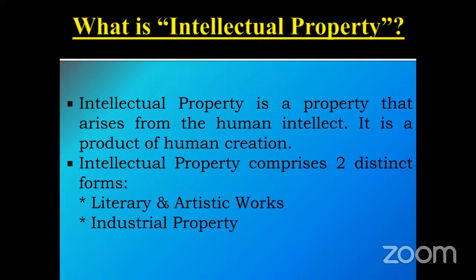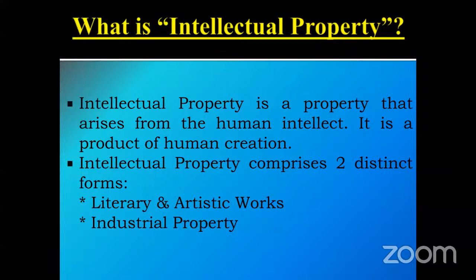So intellectual property is the property that arises from the human intellect, and it is the product of human creation. To protect such intellectual property, the Indian system has some laws.